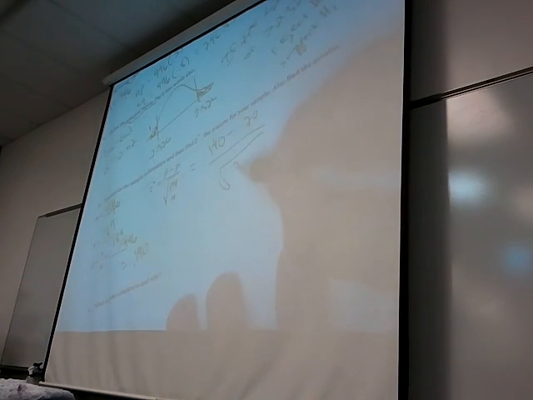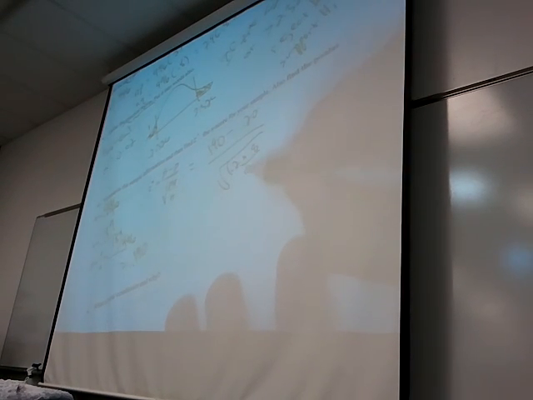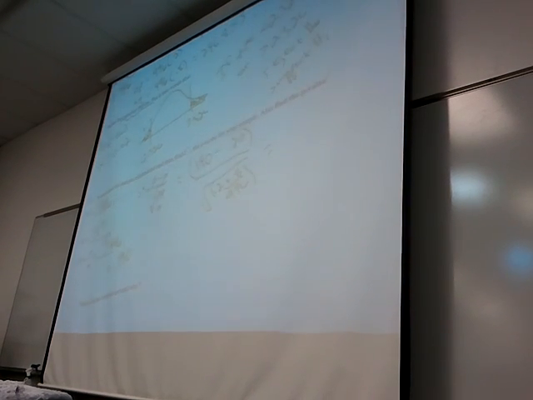P is 0.2, so what's Q? 0.8. Divided by N, 996. Negative 0.800. I got it. What'd you get? Negative 0.800. Okay, cool.